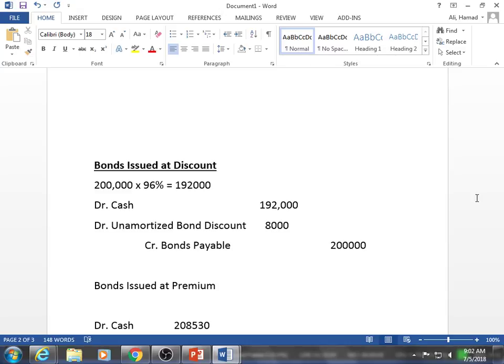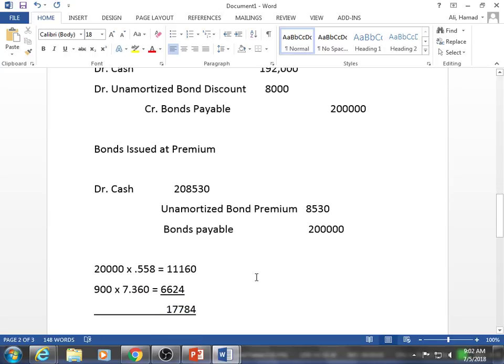So the carrying value is going to go up until it gets to 200,000. When we have a discount, the carrying value of the bond goes up. But with a premium, on the other hand, we're getting more cash than 200,000, so every time you amortize a little bit of the premium, you take it out of the carrying value. So the carrying value goes down until you get to 200,000.